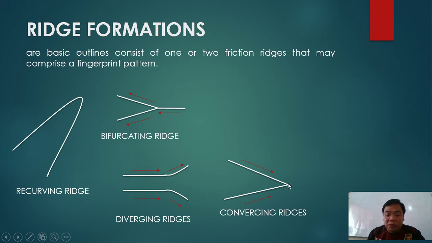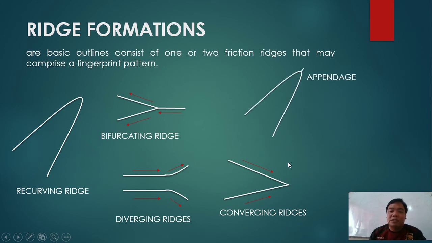The place where they converge we call the converging point, and then they create an angle. So we have these converging ridges, two ridges running side by side, but they suddenly meet. The two ridges meet, creating a converging point. So that is our converging ridges.